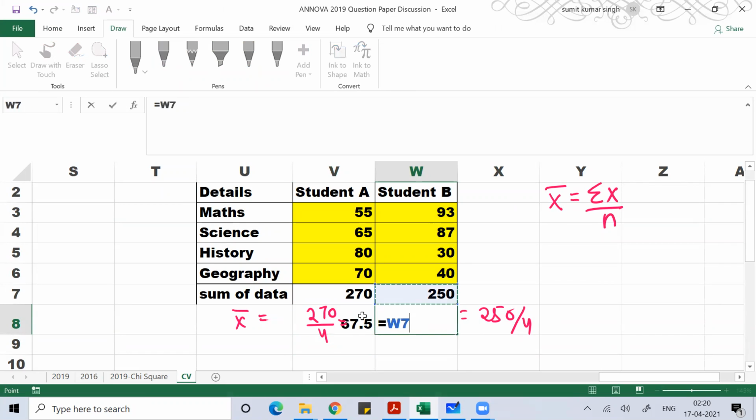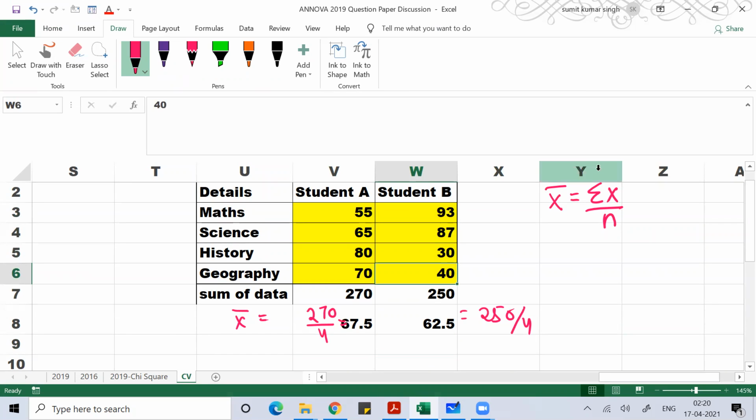Here this is 250 divided by 4, so 62.5. So you can find these values, and this value will give you the average.